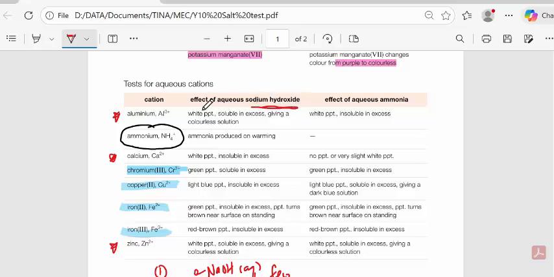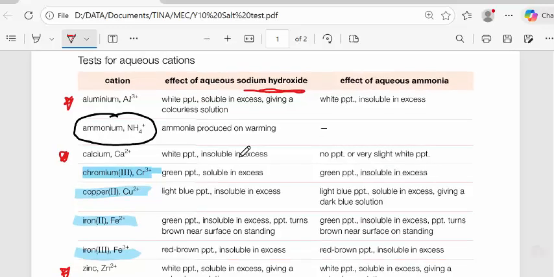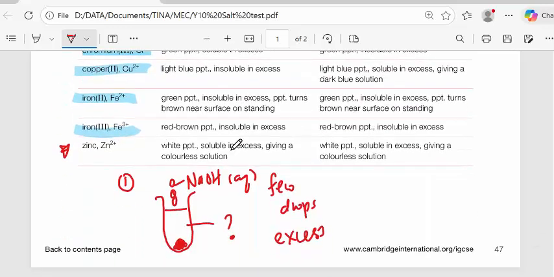So you see, when you add sodium hydroxide, white precipitate soluble in excess. That means first few drops you add the white precipitate, you add more, suddenly the white precipitate disappears, becomes solution again. White precipitate, but insoluble in excess. You add excess, so insoluble. And then zinc is white precipitate, also soluble in excess. Can see that?